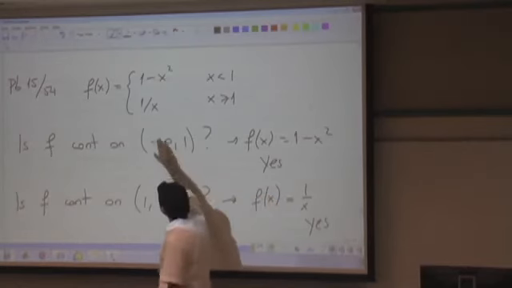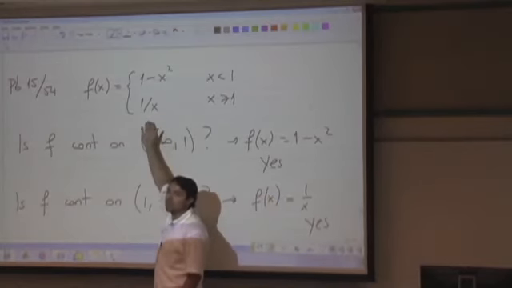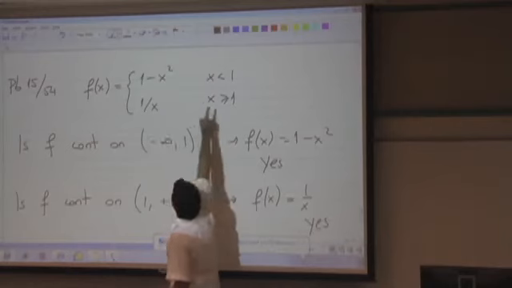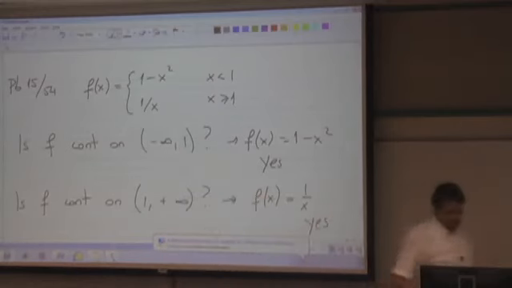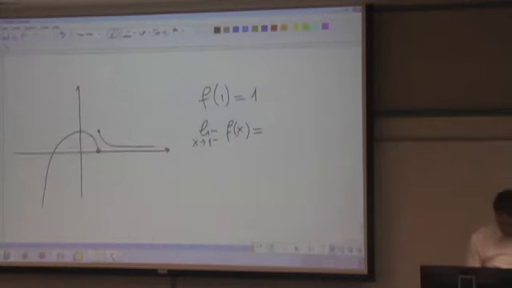Okay, so if you come back here, the limit as x goes to 1 minus means x is less than 1, which means I'm in the case of 1 minus x squared. So this will be the limit as x goes to 1 minus of 1 minus x squared, which is 0.